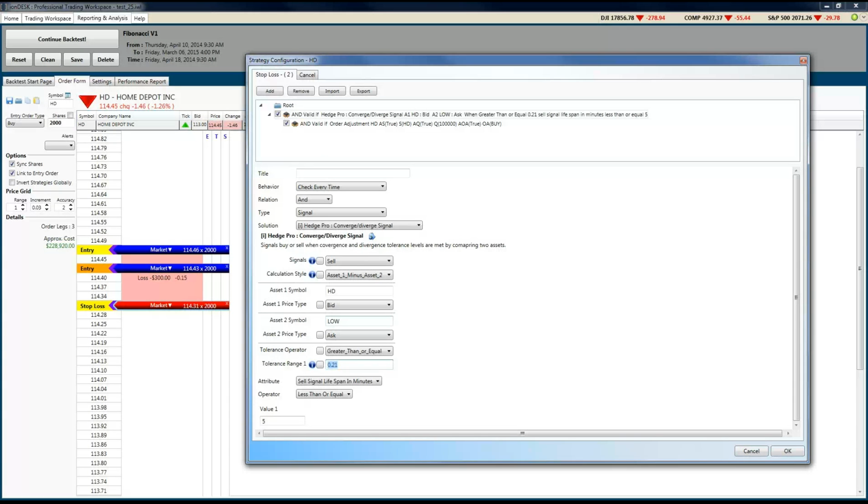So if you can imagine, they crossed and you entered, and so then they even went the same distance in the opposite direction. So you actually went double the distance. And so right now, the signal only is looking at how far they are from their open and close, the difference between the open and close. So I'm going to make it more robust, but I just wanted to show you the concept today.